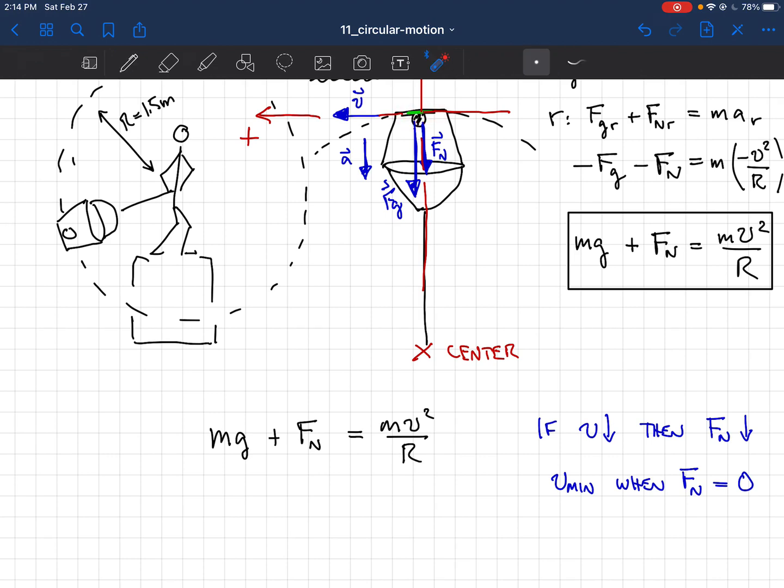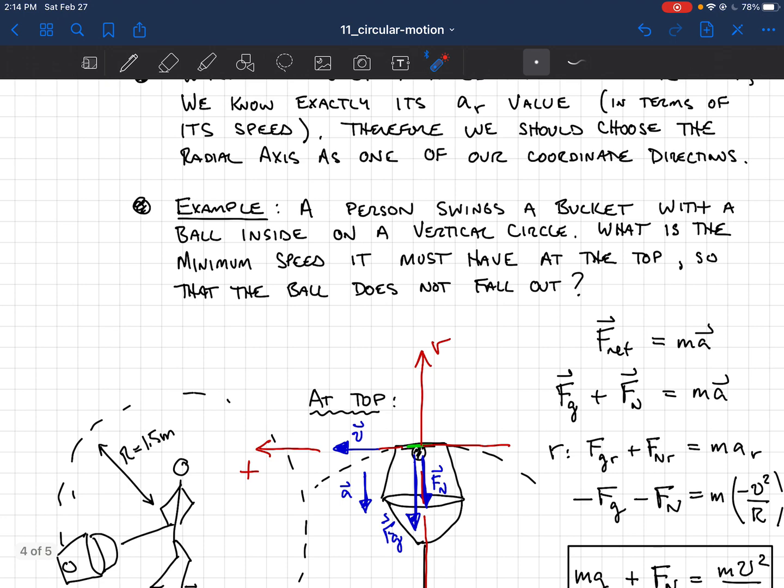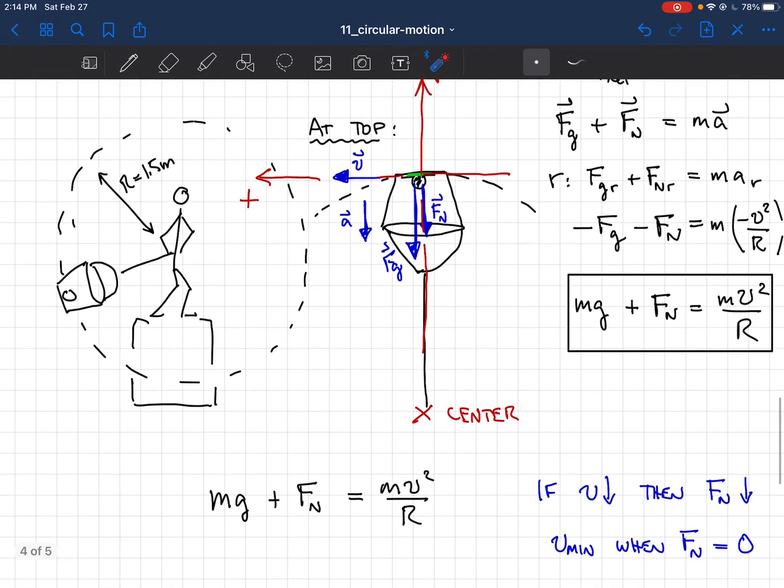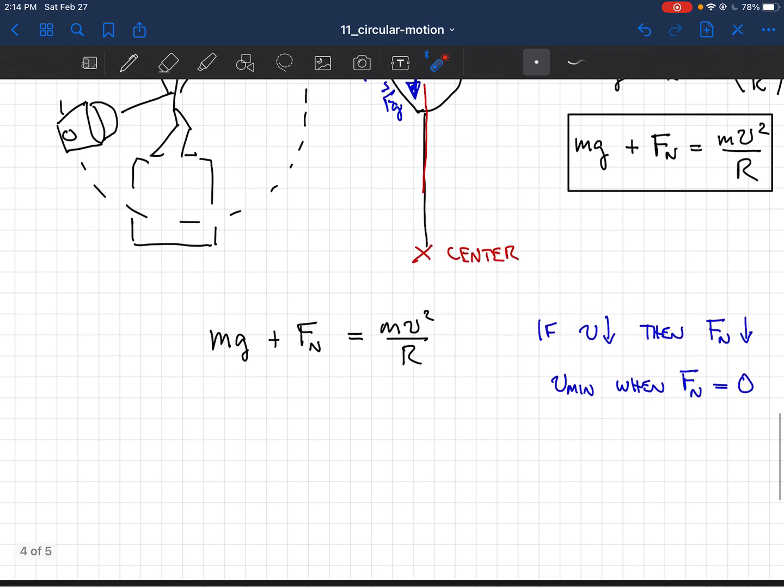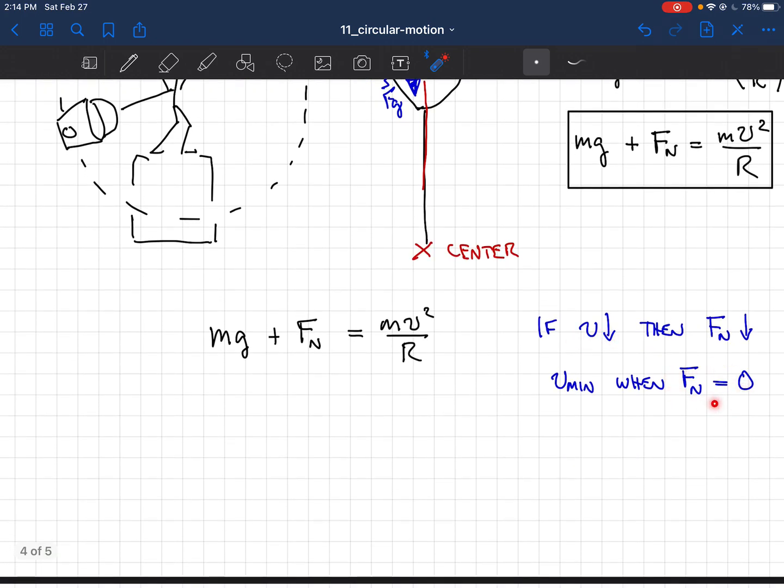The ball is no longer in contact with the bucket, which is exactly what we were talking about up here, the ball falling out. So it all fits together. A minimum velocity is the moment at which the normal force goes to 0, and that means the ball has broken contact and fallen out. So we take that as our case. We choose Fn going to 0 so that v goes to the minimum value.